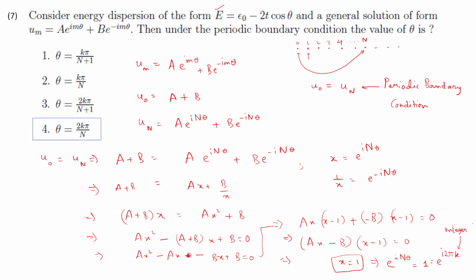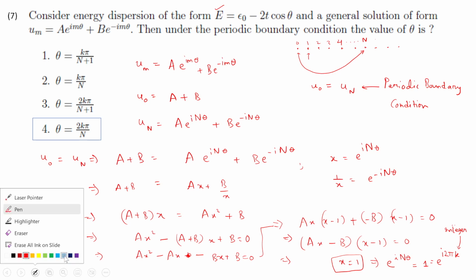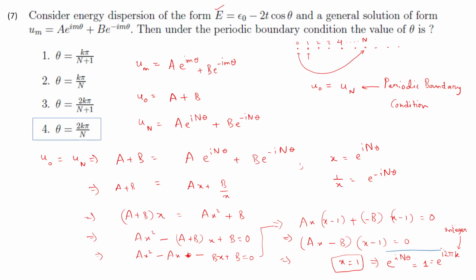K is some integer. Okay, so from here you can write, from this condition, i n theta is equal to i 2 pi k, and theta is equal to 2 pi k by n, or 2k pi by n.